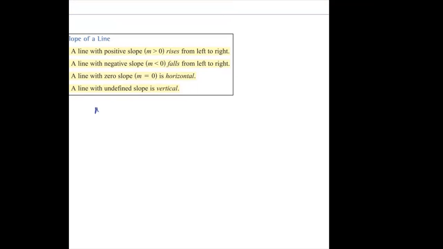Negative slope is going to look like this. 0 slope is a horizontal line, so it's flat.